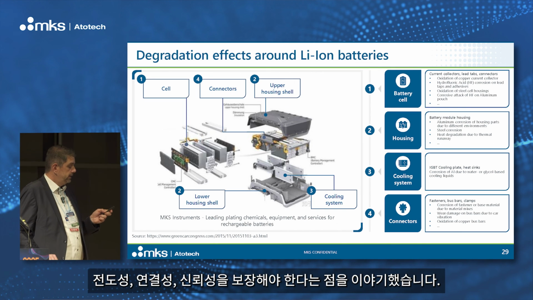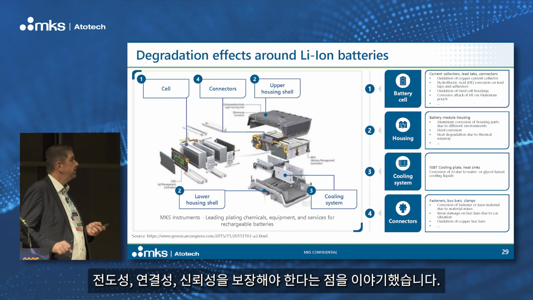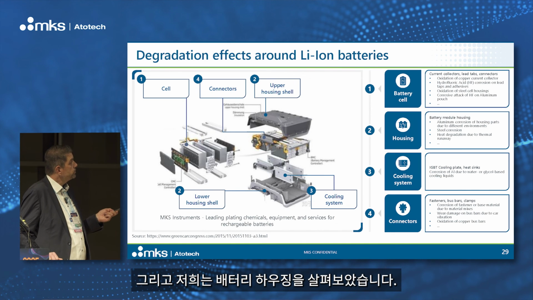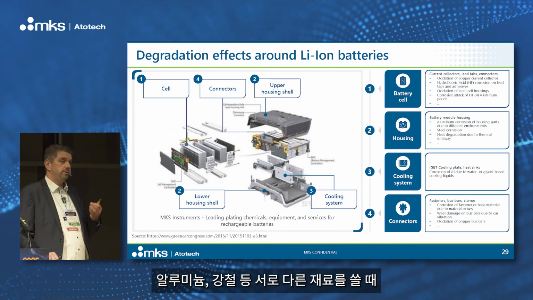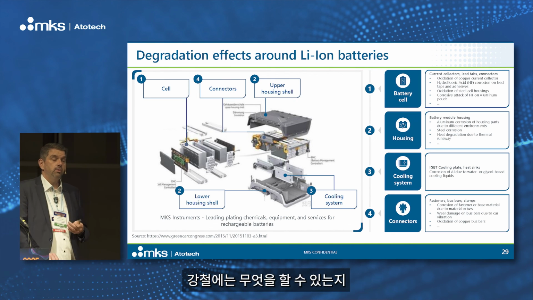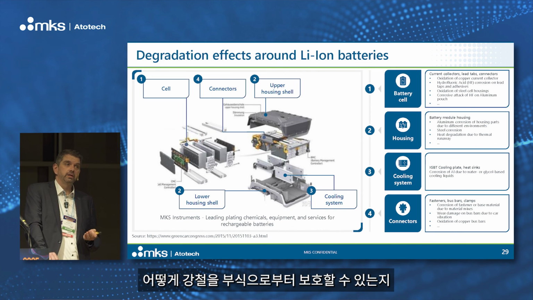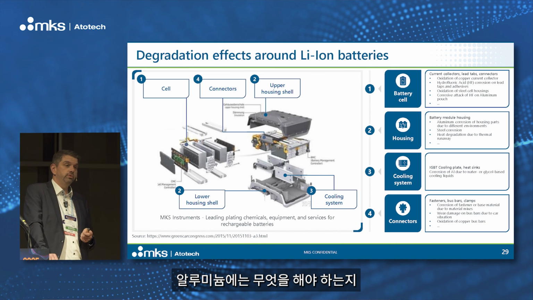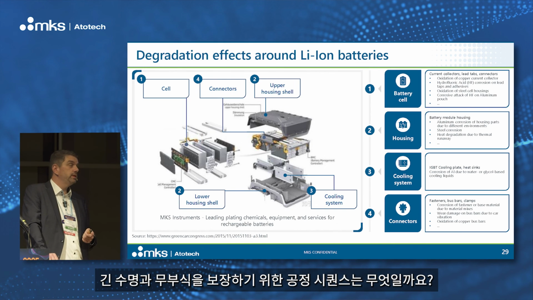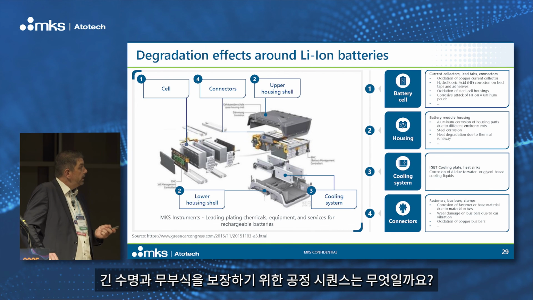And we also looked at the housings. If we use different materials, aluminum or steel, what can we do for steel? How can we protect steel from corrosion? What do we need to do with aluminum? What are the sequences to ensure again a long lifetime and no corrosion?